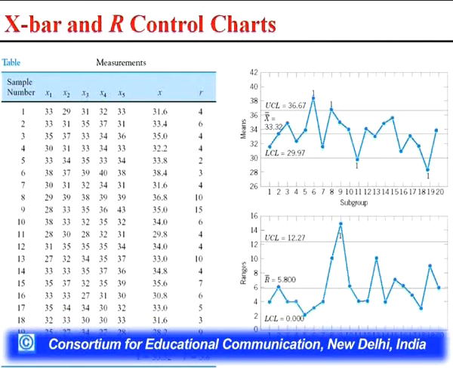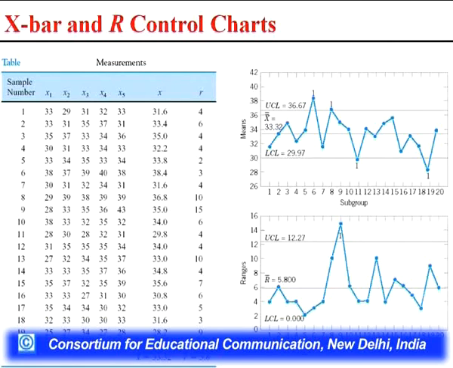Now, look at this control chart and the data available. Data have been collected. A sample of 5 pieces is taken every time, and dimensions are recorded. For the first reading, the observations are 33, 29, 31, 32 and 33.